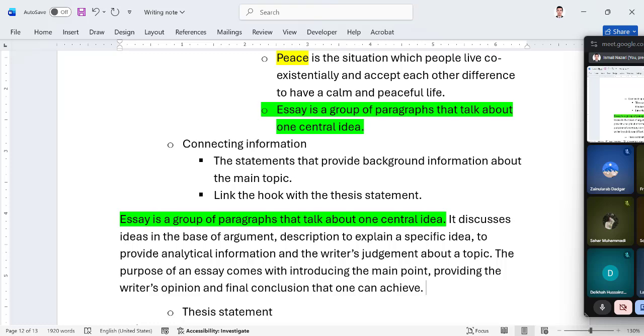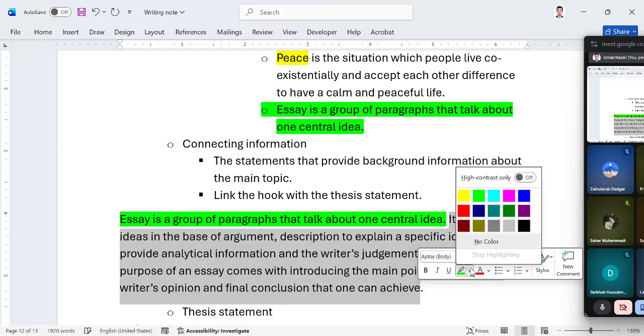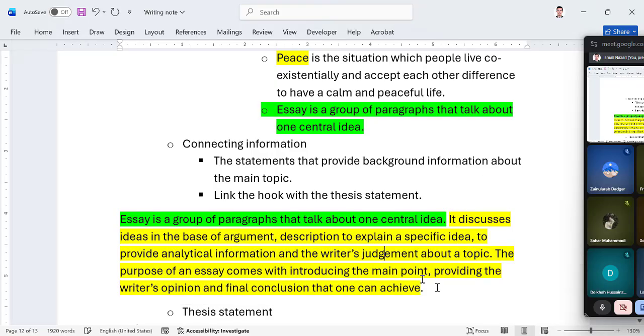So from this part up to here, from here to here, we call it a part of background information. It is background.